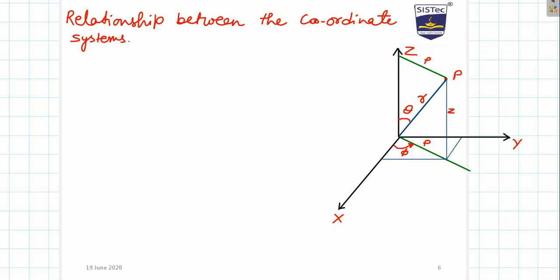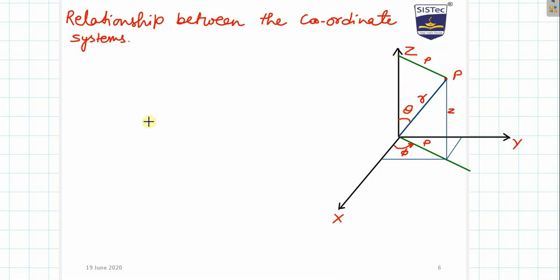So now we have represented all the sets of coordinates on this three-dimensional space, that is x, y, and z. Now we should have the relationship.